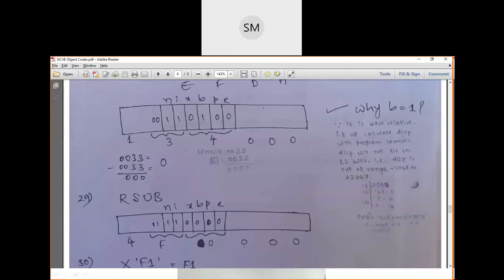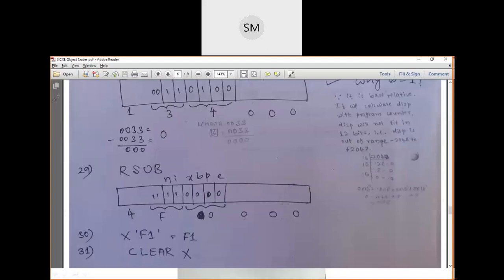If we calculate the displacement with the program counter, the displacement will not fit in 12 bits. That is, the displacement is out of the range of minus 2048 to plus 2047. Because of that, I leave the program counter addressing mode and go to base relative addressing mode.